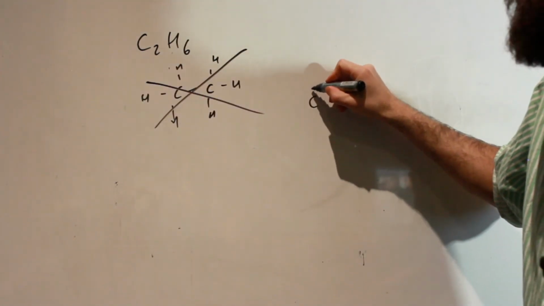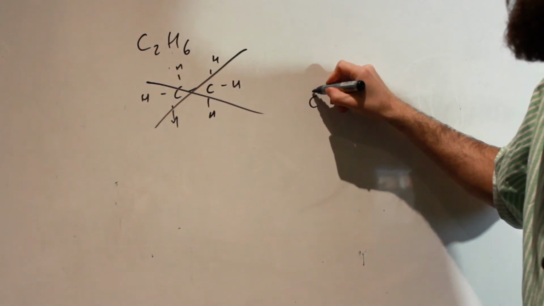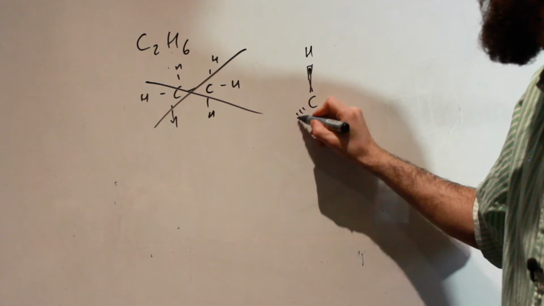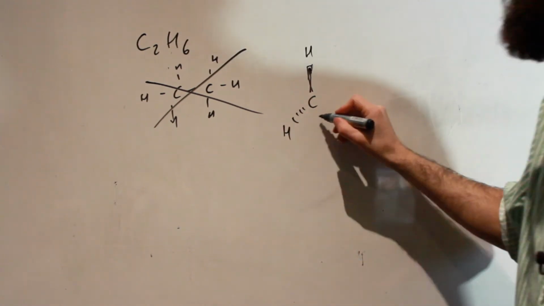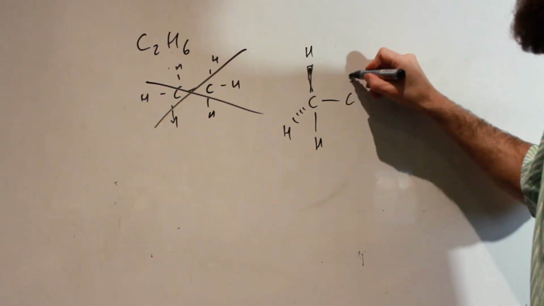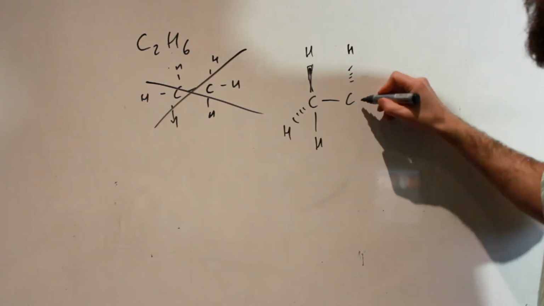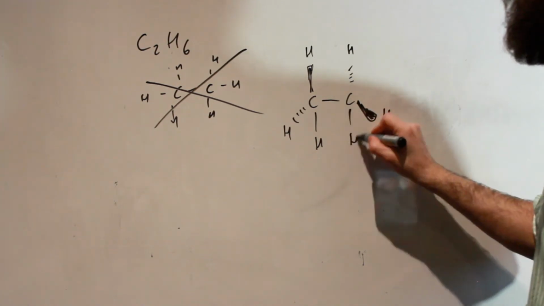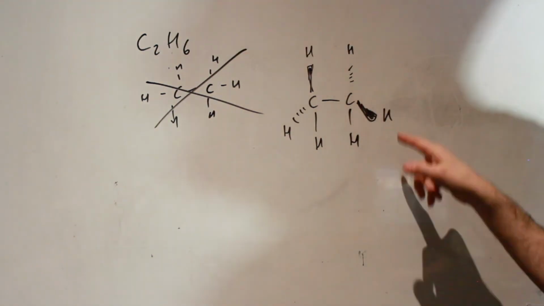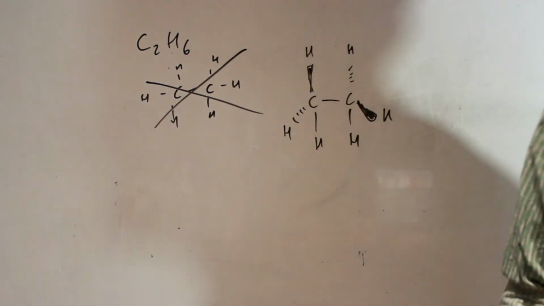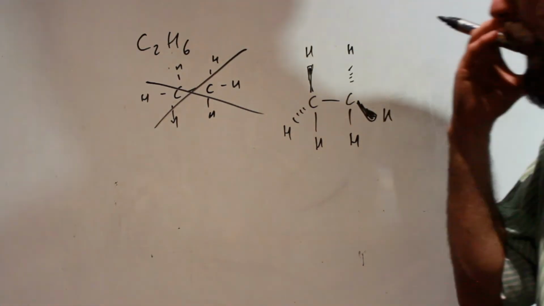So we can have 1 hydrogen going out of the board, 1 hydrogen going back into the board, 1 hydrogen on the plane, this bond on the plane, and then the same thing over here. Now it doesn't matter where you put the dashes and where you put the wedges, as long as you've got 1 dash and 1 wedge on each of the carbon atoms, because each of the carbon atoms has tetrahedral geometry.